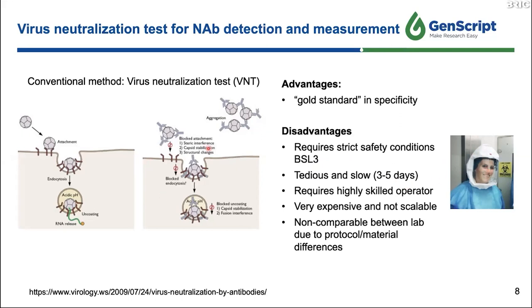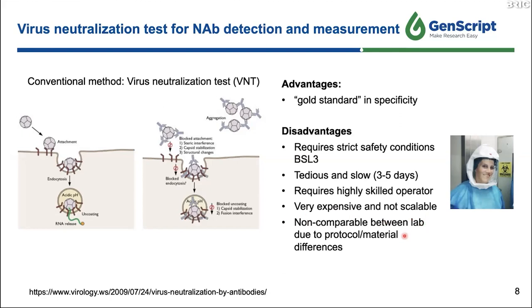This test also takes about 3 to 5 days to obtain the result, so it is quite tedious and slow. Due to the highly complicated experimental procedure, it also requires a highly skilled operator. This assay is very expensive and not scalable. And most importantly, due to the non-standardized protocols people use in different labs, the results are often not comparable between different labs.